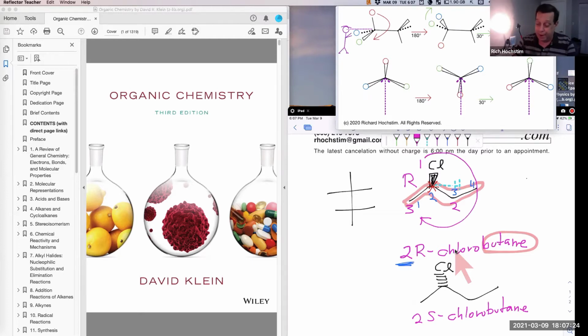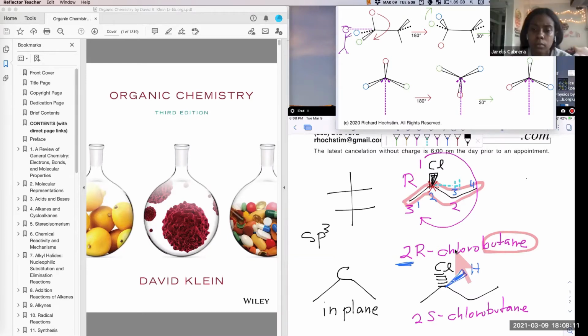Would you also agree that the hydrogen will be coming out of the plane of the paper here? Oh, because the Cl goes back. Yeah. For most carbons that are sp3 hybridized, you're going to have a bond here and a bond here that are in plane. In plane means in the plane of the computer screen.